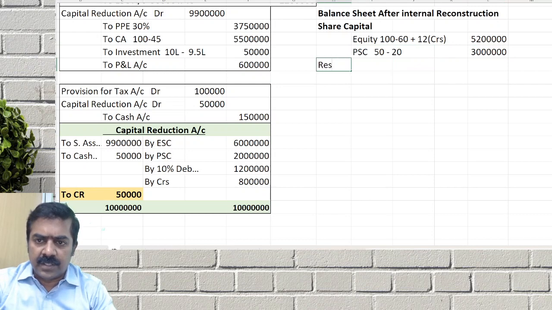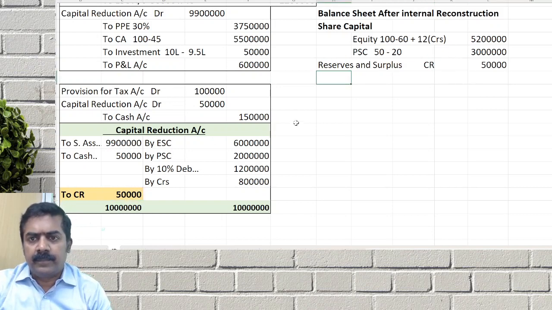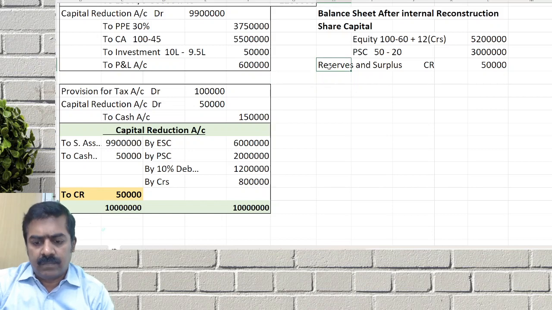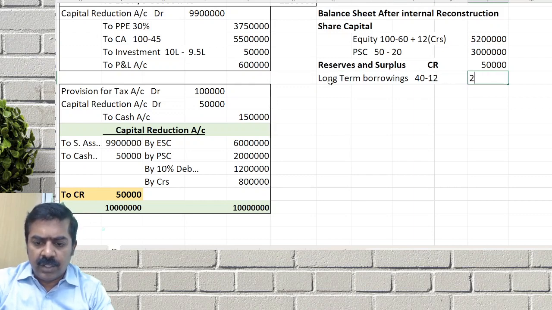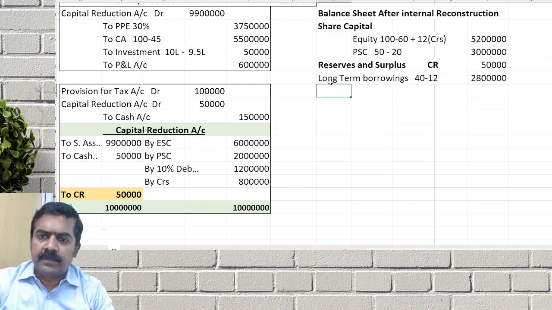Then reserves and surplus: that capital reserve created will come. Then long-term borrowings, 40 lakhs minus 12 lakhs, 28 lakhs will come.